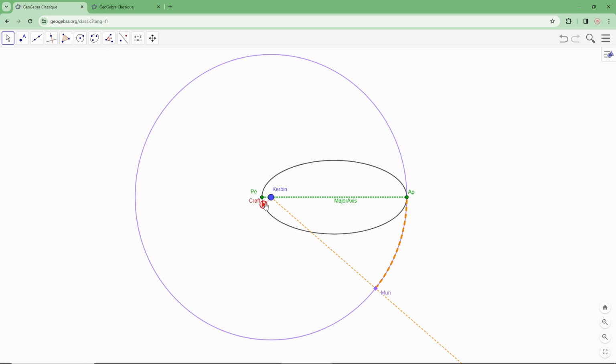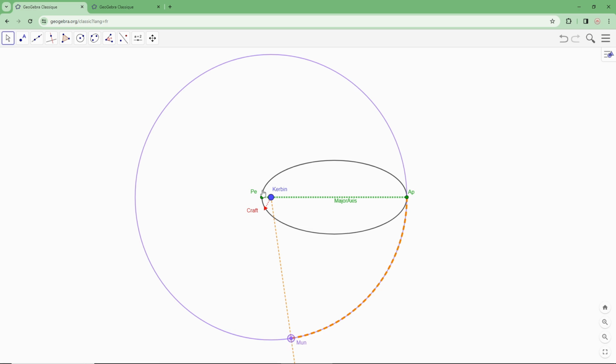And from the periapsis to the apoapsis, this is half of the period. So you know how much time your craft needs to go from its periapsis to the Moon's orbit.